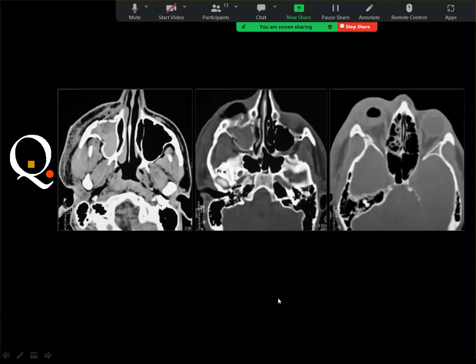And this is the first case, a CT scan of the maxillofacial area showing the paranasal sinuses and orbits.